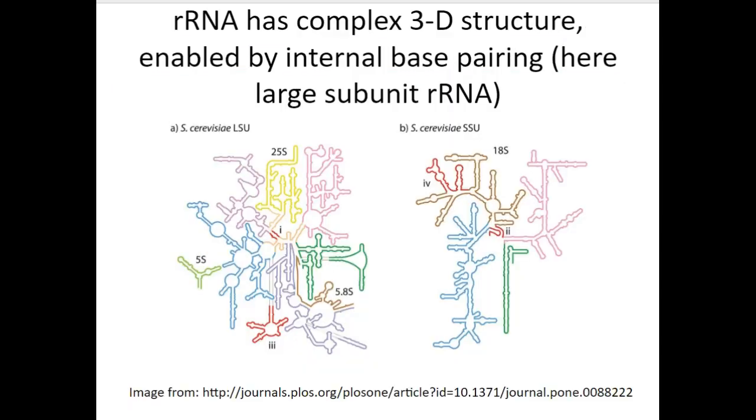They have very complex 3-dimensional structure, something that was only solved in the last decade or so. Our understanding really grew about ribosomes and their structure in the last decade or so. This is an article that talks a little bit about that. So this is Saccharomyces cerevisiae, which is a eukaryote, and it's the large subunit and the small subunit.